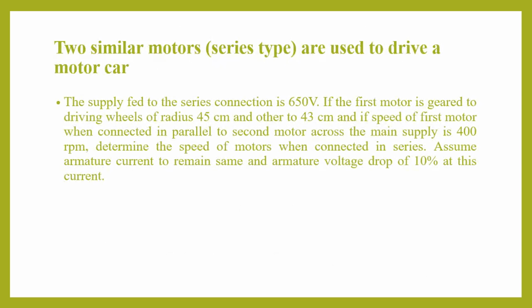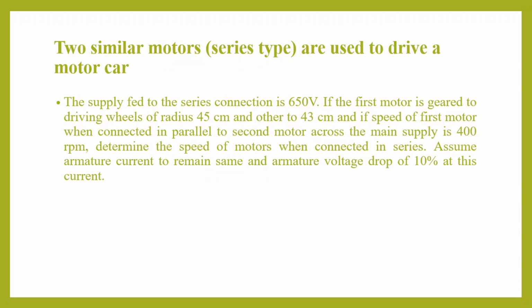Next topic is two similar motors of series type used to drive a motor car. This is explained by the following example. The supply fed to the series connection is 650 volts.